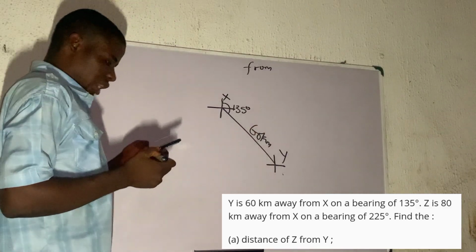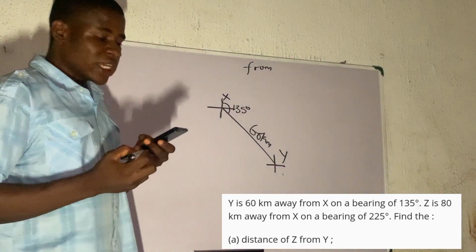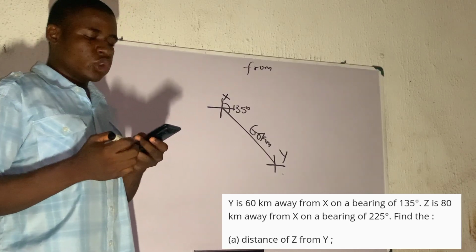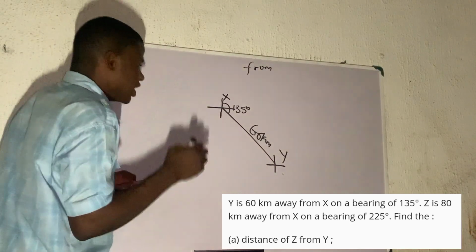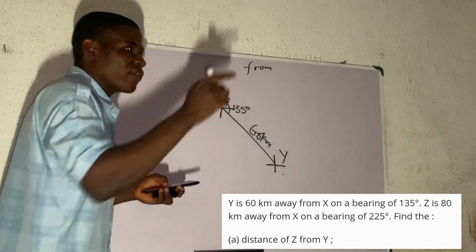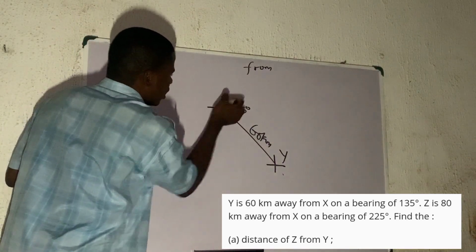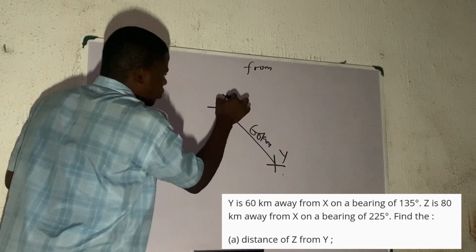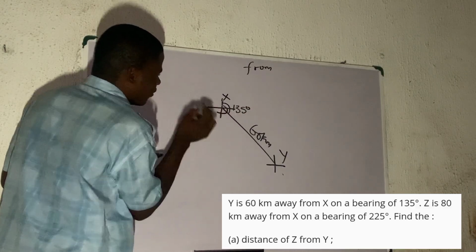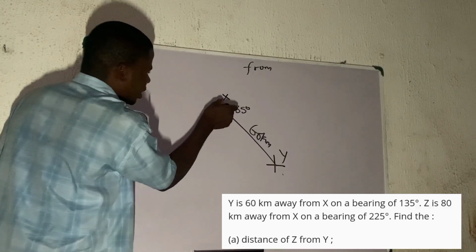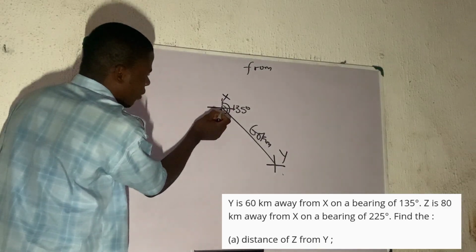Does it make sense? Now the next thing they said is Z is 80 kilometers away from X on a bearing of 225 degrees. Now Z again is 80 kilometers away from X. It means that if you start from the north of X and you read round, 225 will be around here.